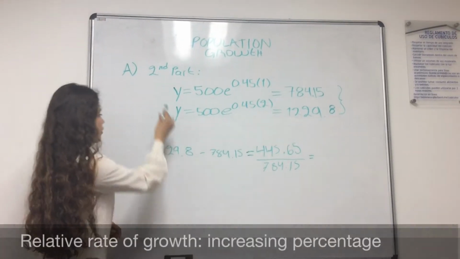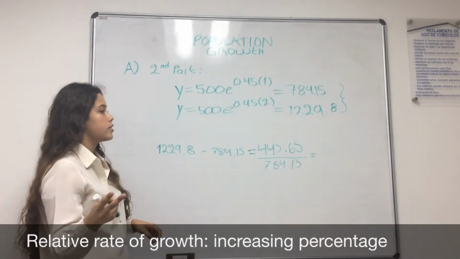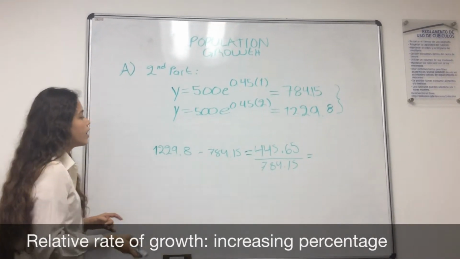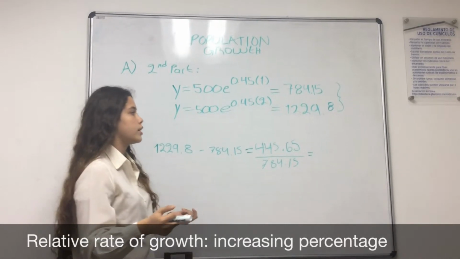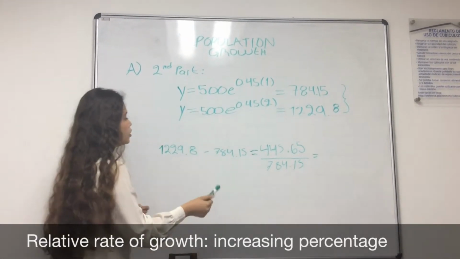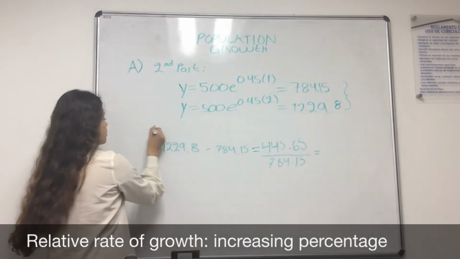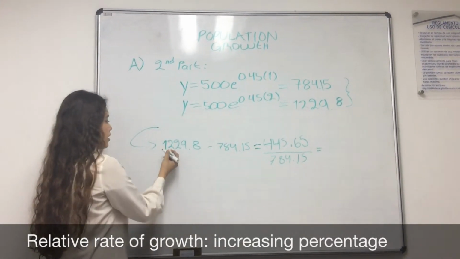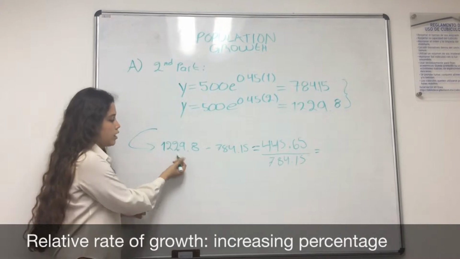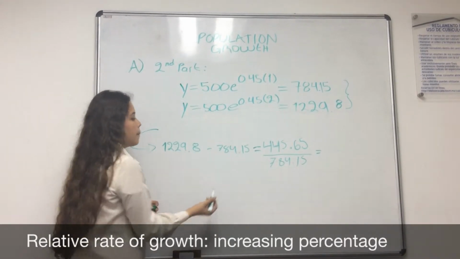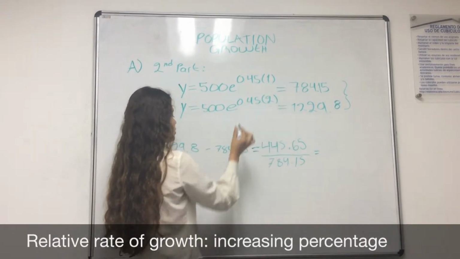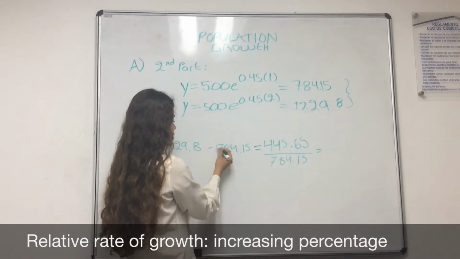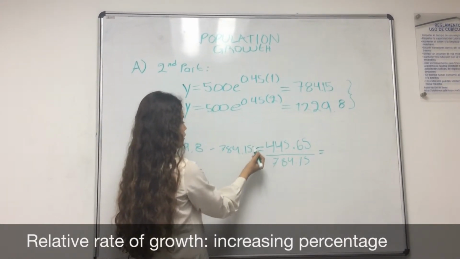So we have the first two answers for the first 2 hours of increasing bacteria, and what we need to do for the increasing percentage is this step. Okay, so we take the bigger answer, 1229.8, minus the smallest answer, 784.15.